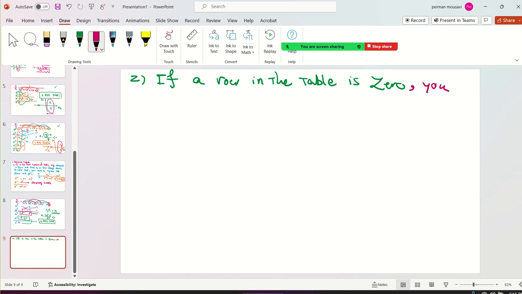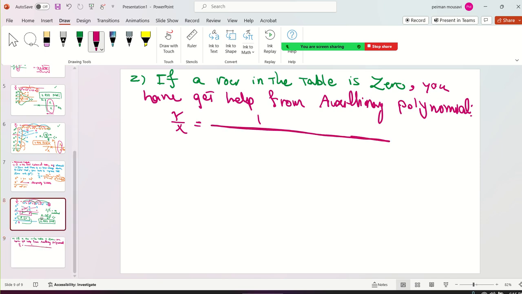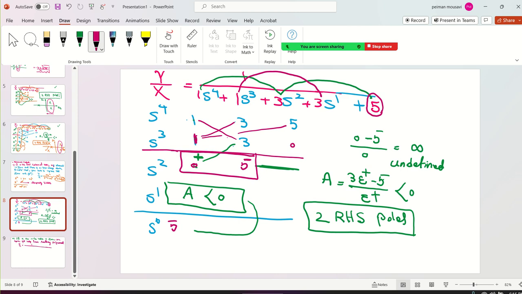You have to get help from auxiliary polynomial. How? Example. Y over x is this. Let me think about this, okay?